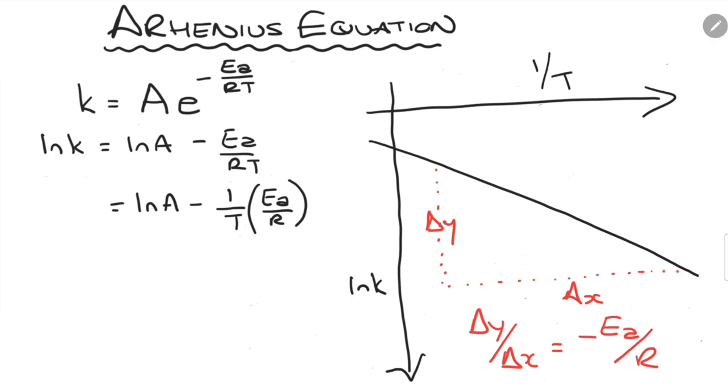It would be a negative gradient, which means if we subsequently change the sign of the gradient we've just calculated, the gradient of the line multiplied by the gas constant, 8.31, will give you the activation energy for that reaction.